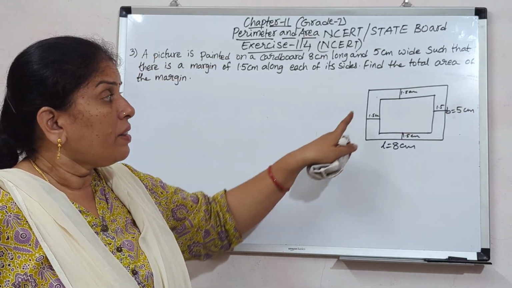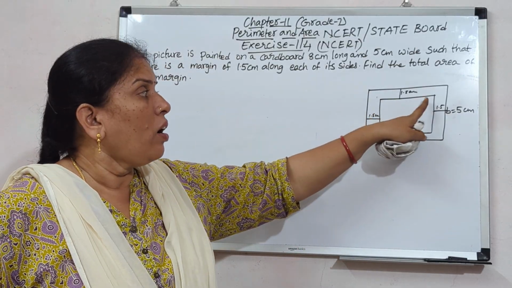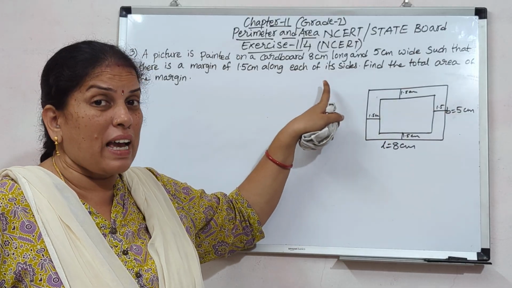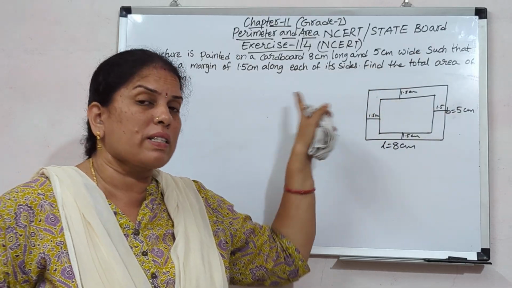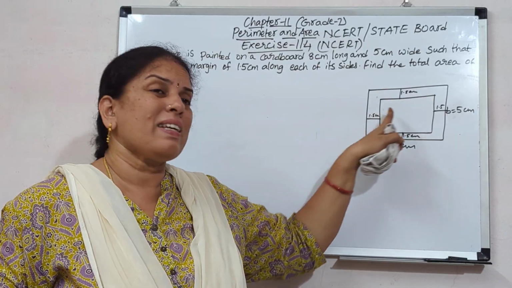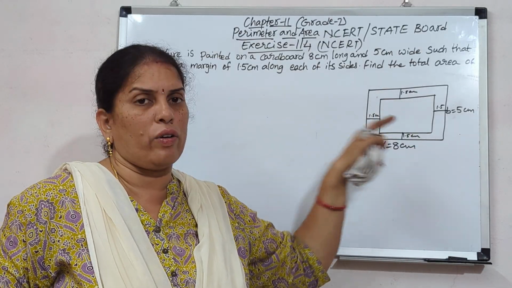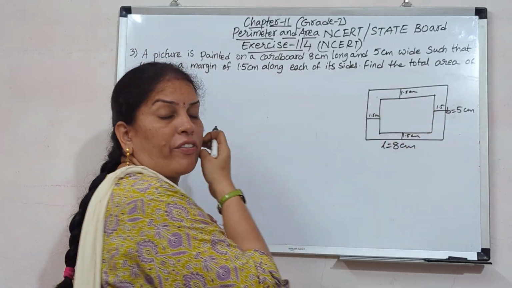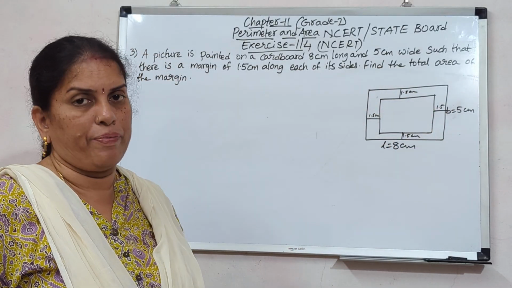Understood, Nana? They drew a margin along inside. That means they have not given it inside. You must think by reading the question, you must understand. Where we will draw the margin is inside only. So I am drawing inside only. How much did they leave? They left 1.5 centimeters on all sides according to the question.